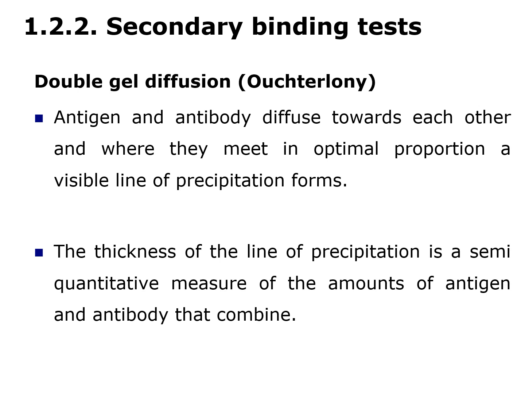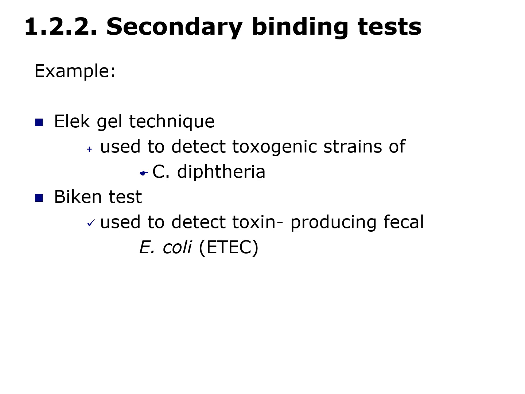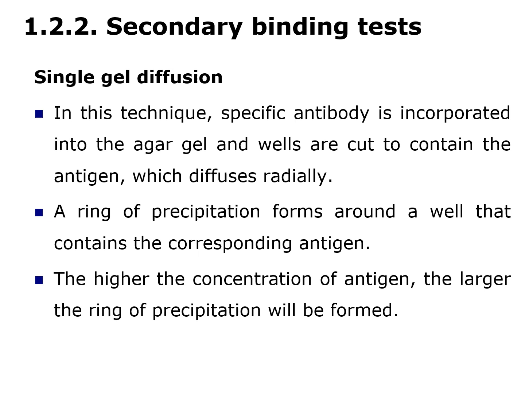Okay, so double gel diffusion, as I have described, is also called the Ouchterlony method. This technique is employed in the Elek test for diphtheria, identification of toxigenic strains of diphtheria, and the Sereny test, used for the detection of enterotoxigenic Escherichia coli, toxin producing.